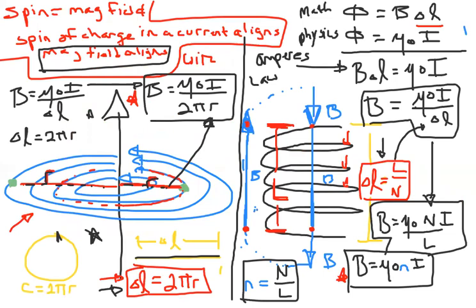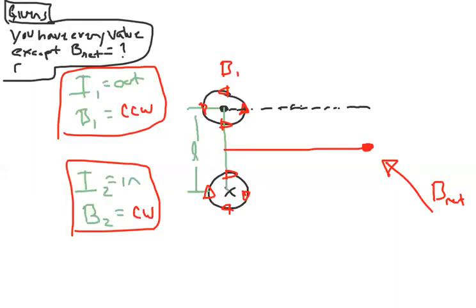So we have to keep account of that. That should be the center of our circle for the magnetic field for both those currents. It's up to you how you want to do this.